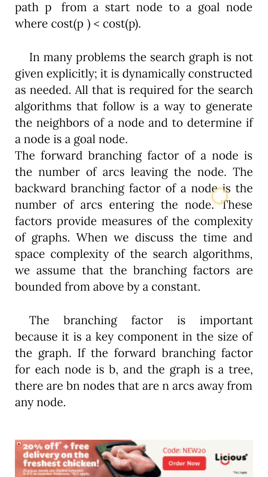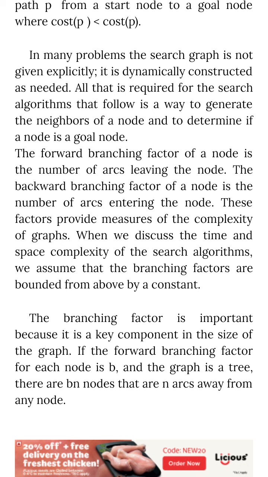In many problems, the search graph is not given explicitly. It is dynamically constructed as needed. All that is required for the search algorithms that follow is a way to generate the neighbors of a node and to determine if a node is a goal node.